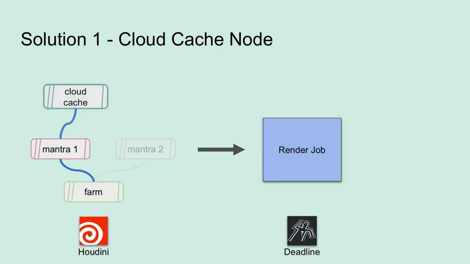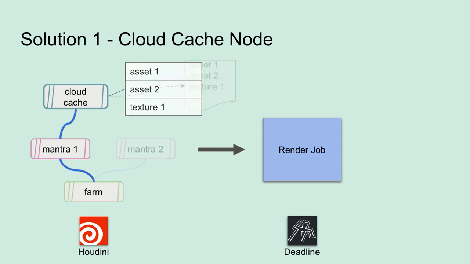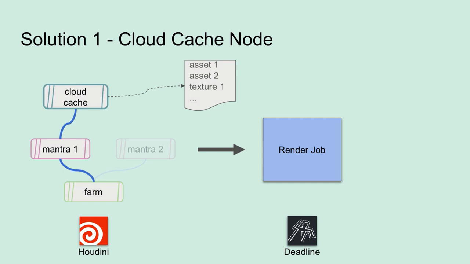We developed a custom node inside Houdini, which we call the cloud cache, that the artist manually creates and connects to their Mantra nodes. The artist puts all the files they need for the render in this cloud cache node. When we submit the job to the farm, we transfer this list of requirements into a file that we use in a pre-job script in Deadline, which is basically an extra task that gets added before the job can run.